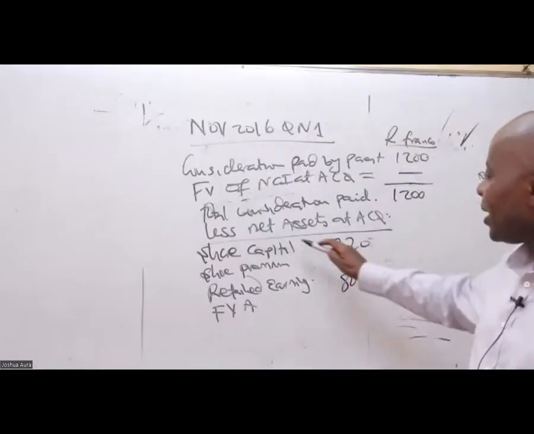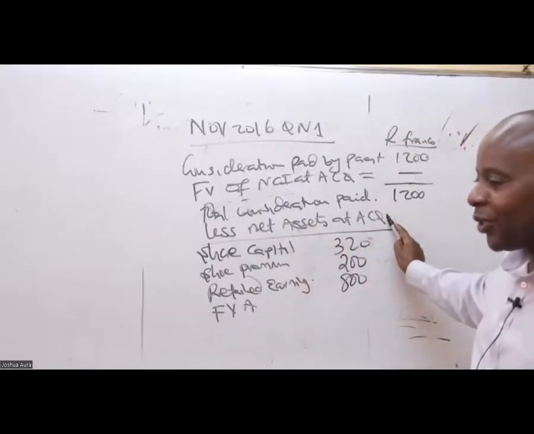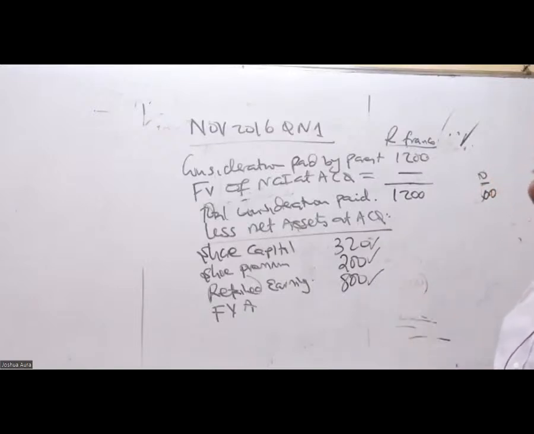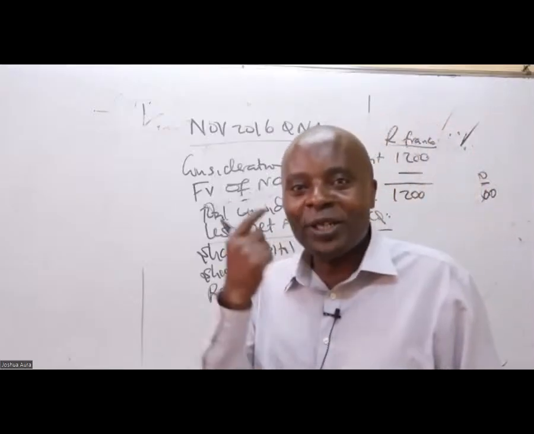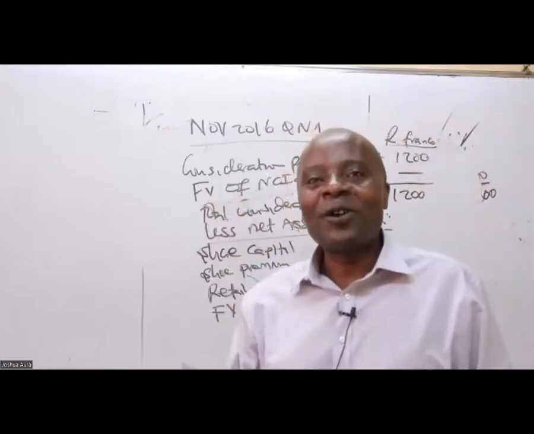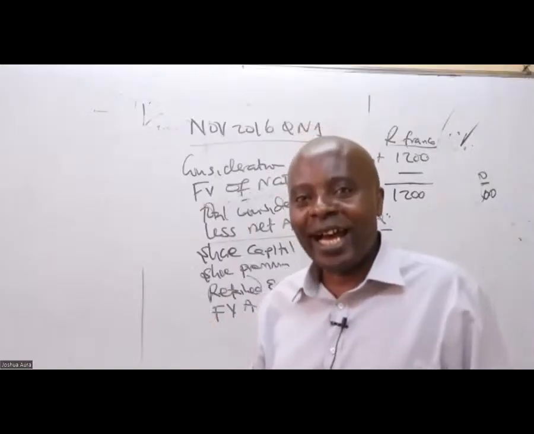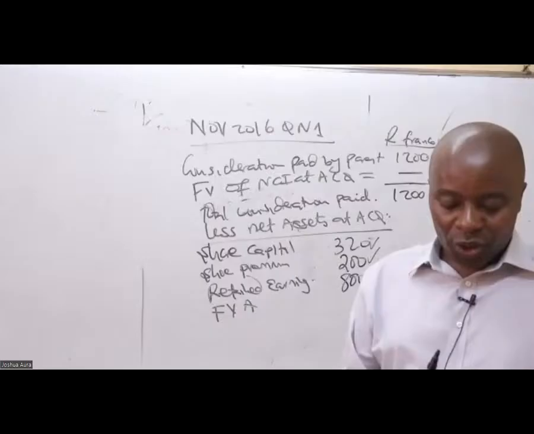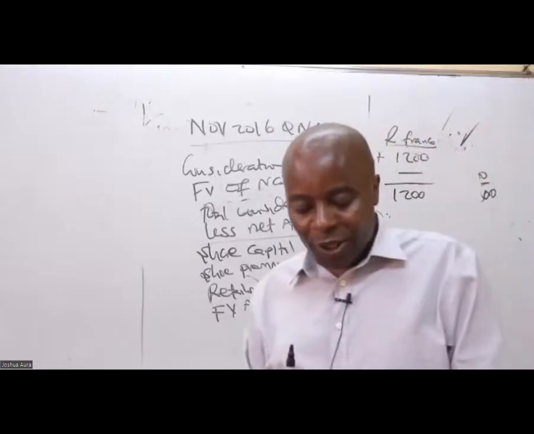So remember, this is net assets at acquisition. We know this one and this one don't change. But retained earnings, I must be a good student. I must know that in goodwill computation, we normally work with retained earnings at acquisition. Now, how about any revaluations?